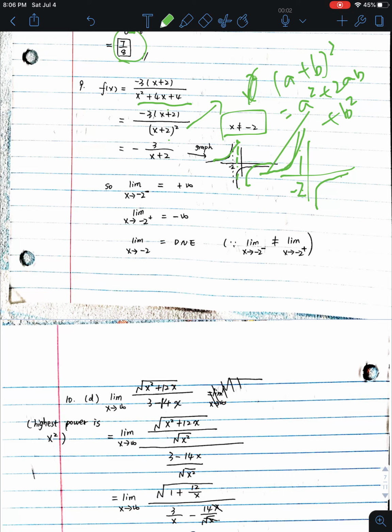But when x approaches negative 2 from the right side, it goes to negative infinity. Because the left limit and right limit are not equal, the limit does not exist.